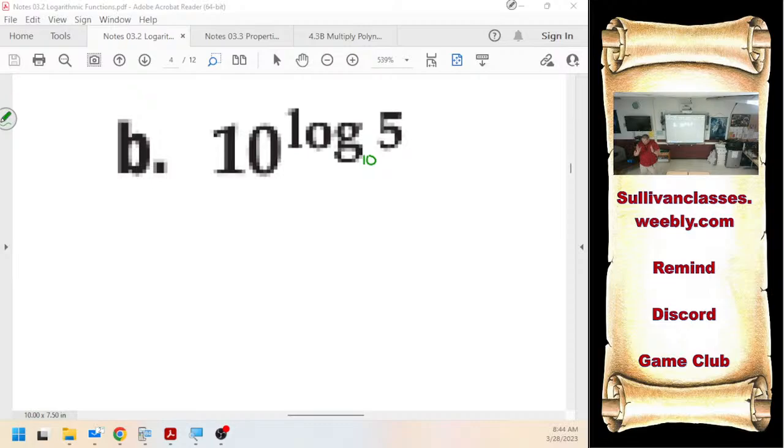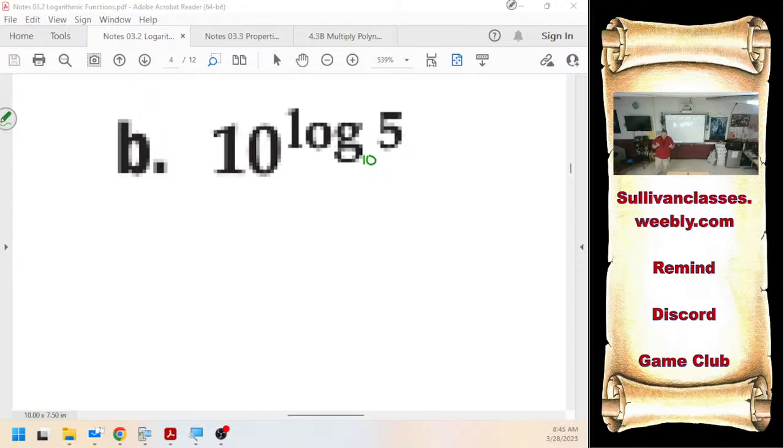You would need part of a 10, right? You can't do that with just integers of 10, but it's some decimal. If I said 10 to what power makes 5, okay, now take 10 to that power.